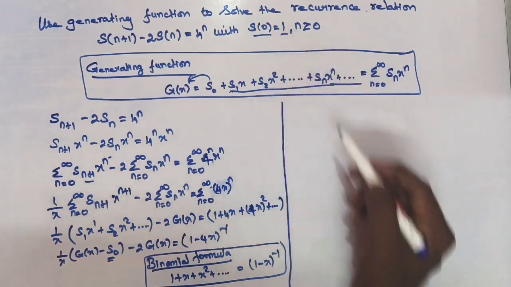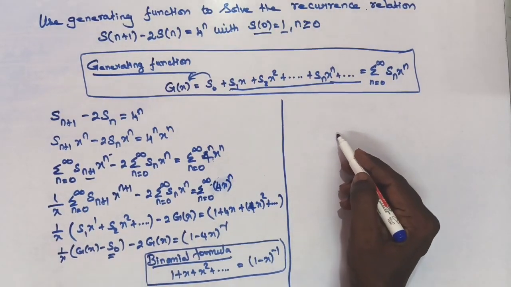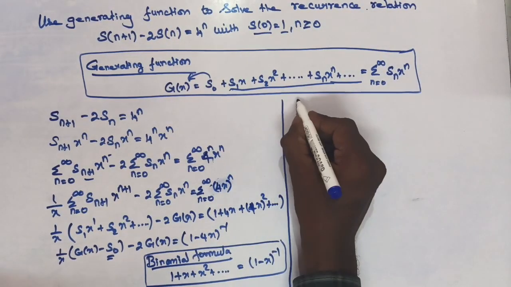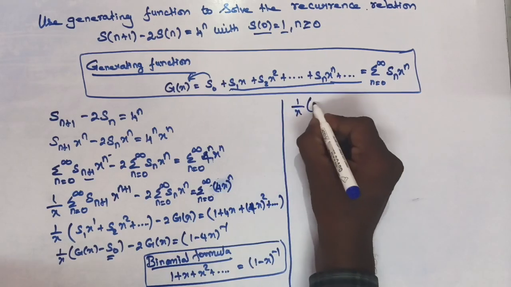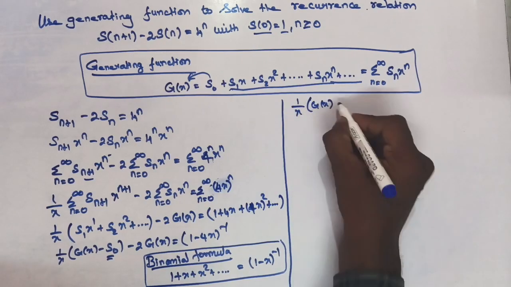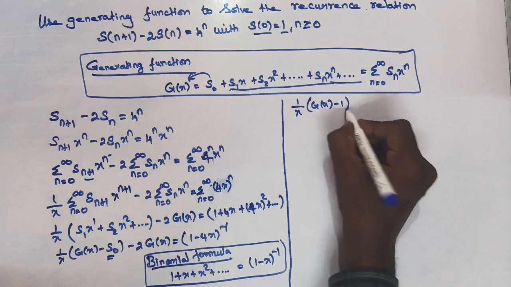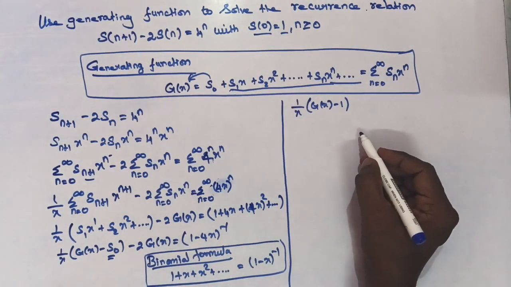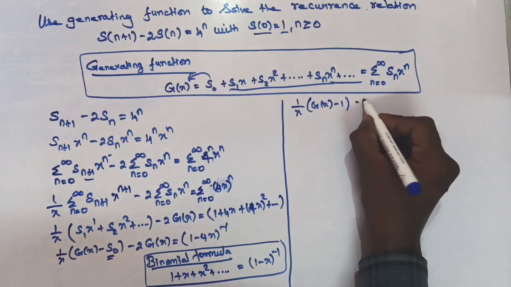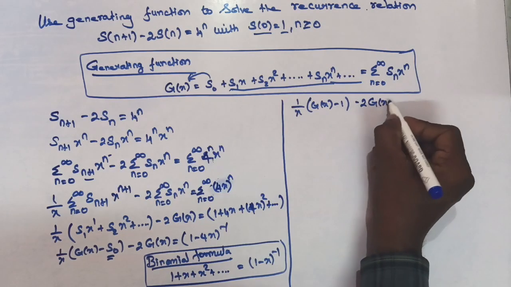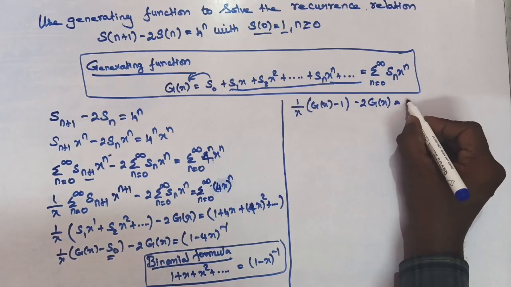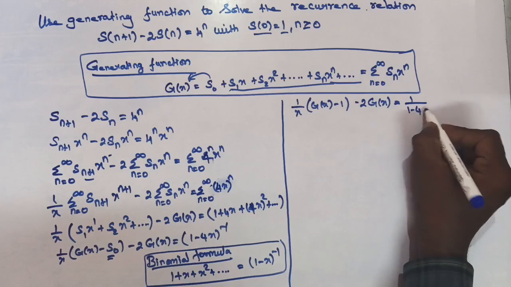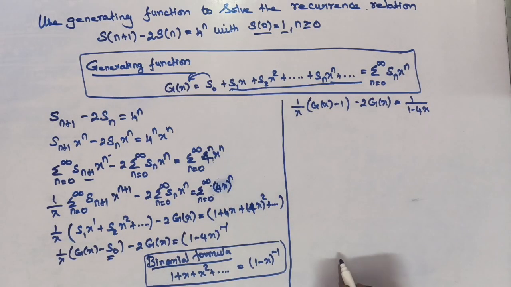So I can apply this s naught here: 1 by x (g of x minus 1), because s naught is 1. Now you can take minus 2 g of x equals 1 by 1 minus 4x inverse. So you can write like this.